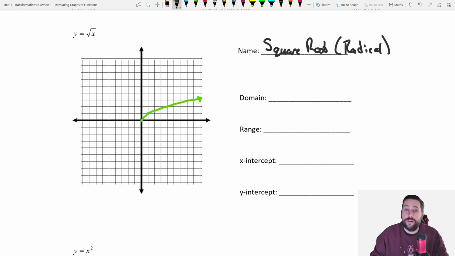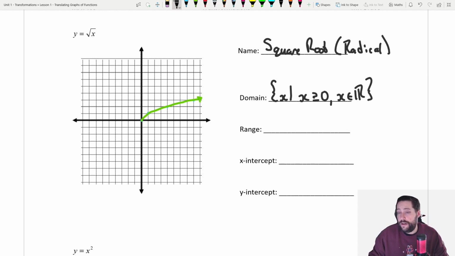So our domain is going to be x such that x is greater than or equal to 0, provided that x is an element of all real numbers. Or you can write it as 0 to infinity. We're going to include 0, but not include infinity. The range is going to be exactly the same.